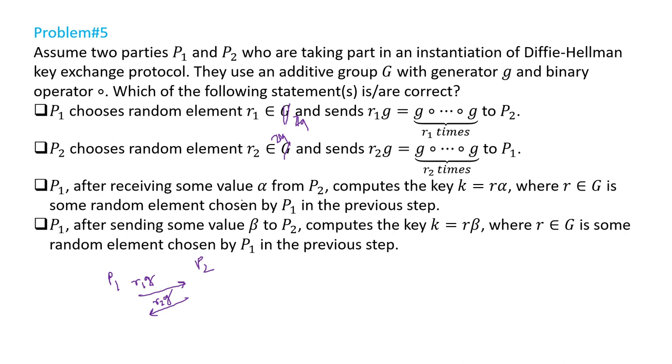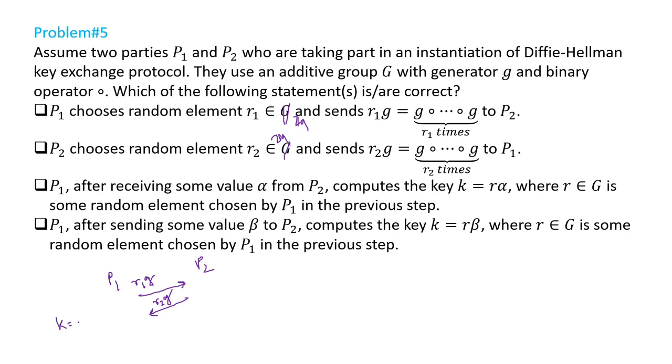P1 after receiving some value alpha from P2 computes the key K equal to R into alpha, where R is some random element chosen by P1 in the previous step. So in the previous step P1 actually chose R1, right? So R is R1 here, and it computes K equal to R alpha.